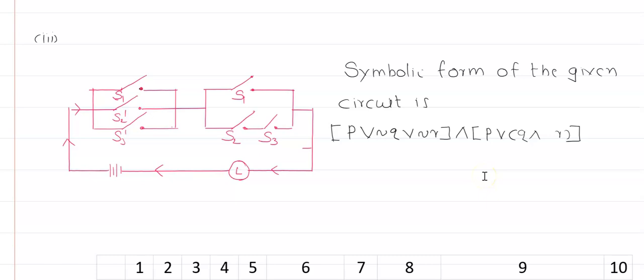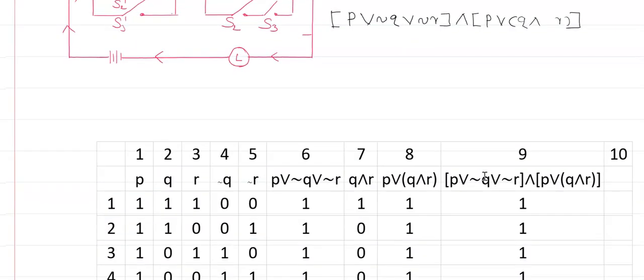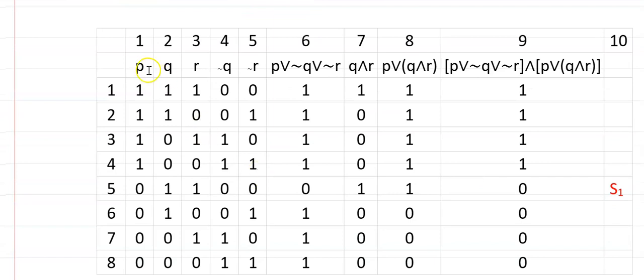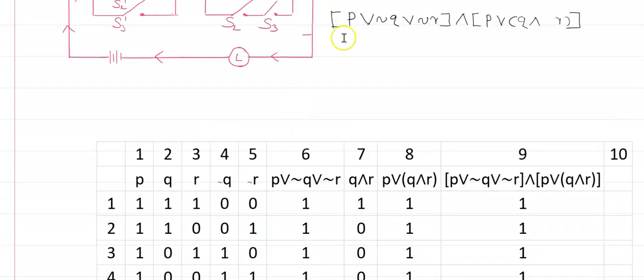For this we'll require PQR. First is PQR, their negation of P, negation of Q, negation of R, and or between column number 1, 4 and 5. You can perform the or. Okay.